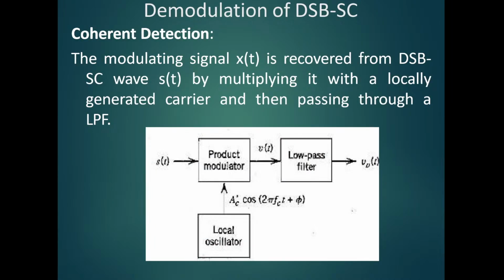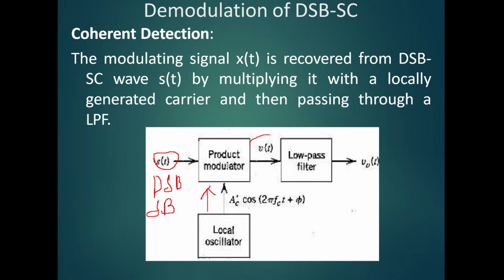Now let's move on to the demodulation of a DSB-SC. Very simple. There is a product modulator, and the DSB-SC is given as input to the product modulator, where it is multiplied with a signal from the local oscillator.